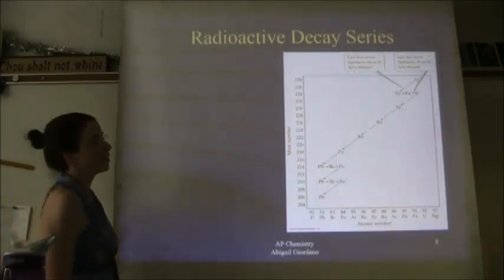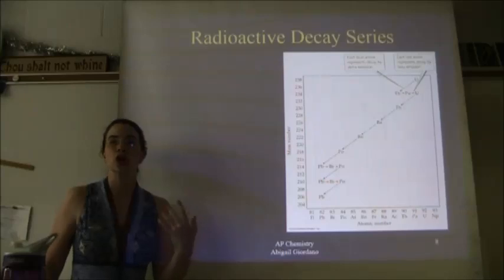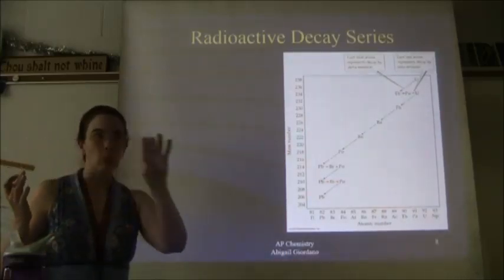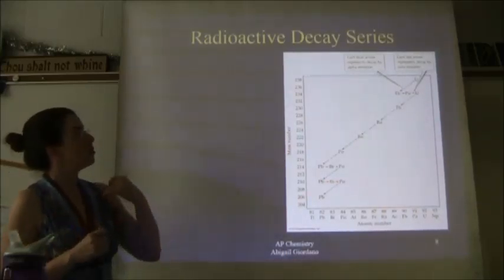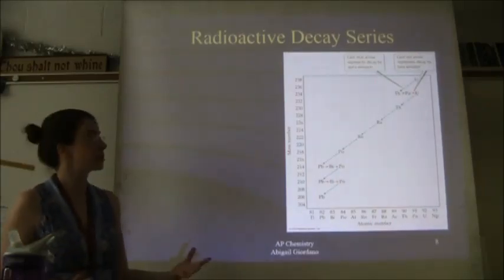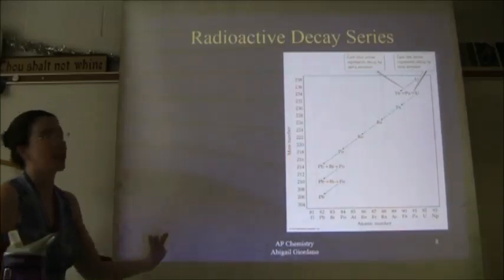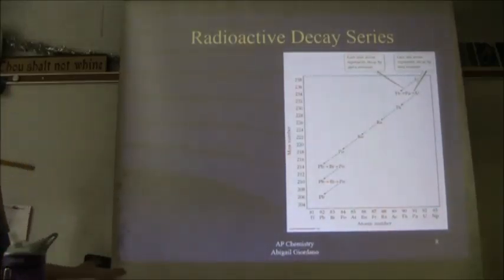And something that you all need to know is most of these reactions do not occur just one time, okay? Most radioactive decay situations are a series of reactions, like a chain reaction of reactions.